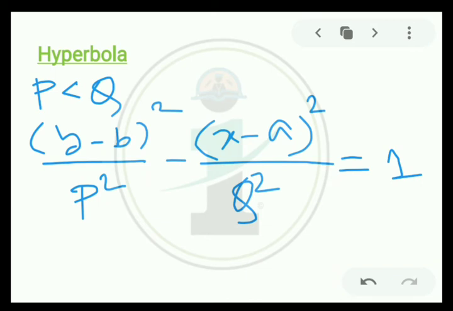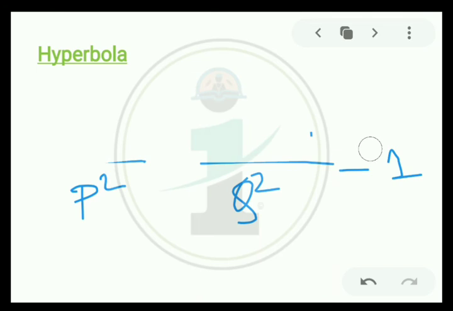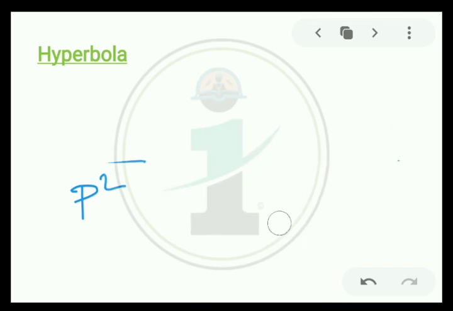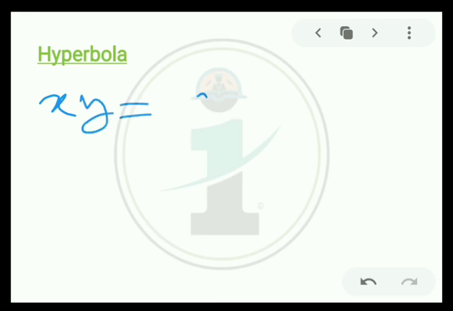And there is another expression for hyperbola, that is x into y equals to some constant, let's say c. So that c can be positive or negative, so I'm writing it with the sign.